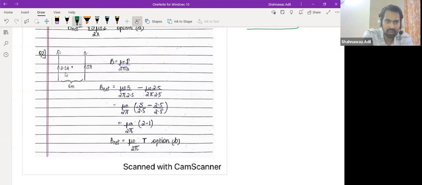So for the 2.5 ampere wire, what is the direction of the magnetic field? Let's say this is the XY plane. The wires are in the XY plane. So what is the direction of the magnetic field? Minus i.